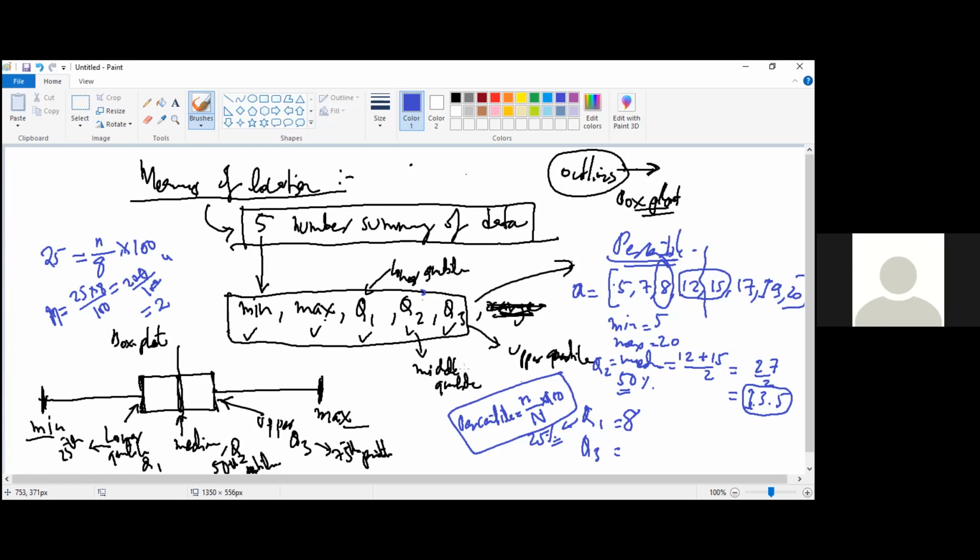Is it clear? The percentile relation is this: percentile is small n by capital N times 100. I'm asking for the 25th percentile, so 25 equals small n over capital N, which is 8, times 100. Small n tells you that this many numbers are less than your percentile number.